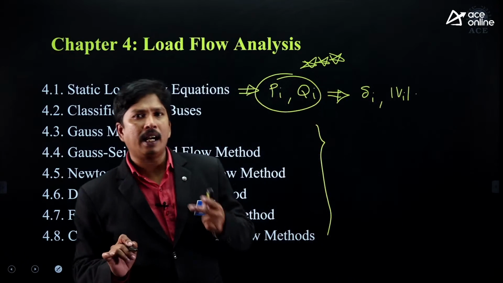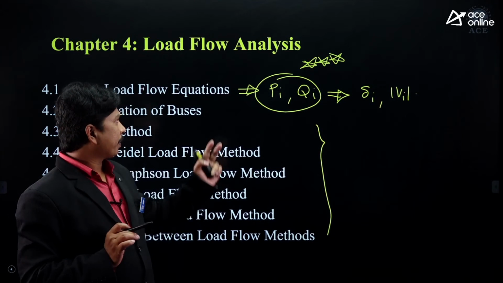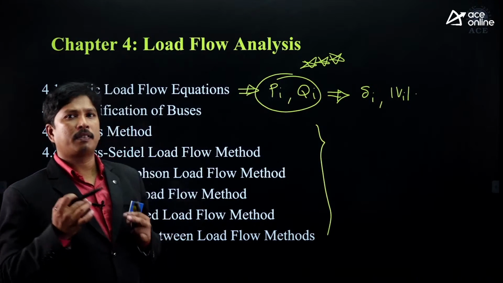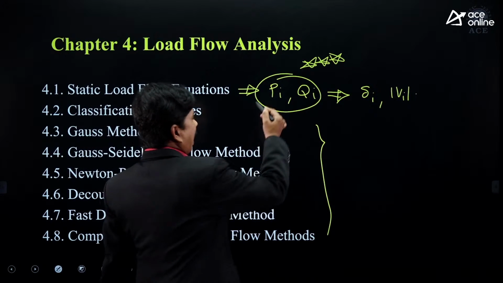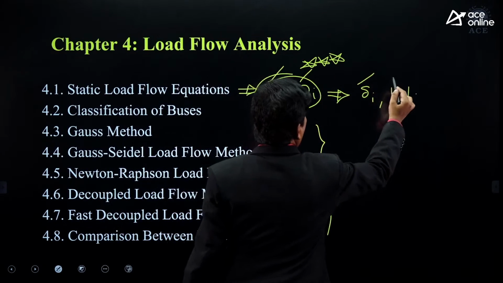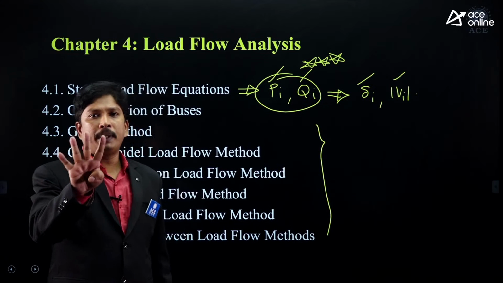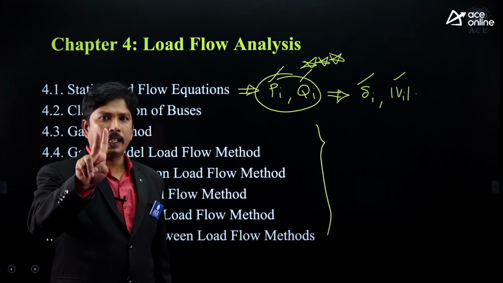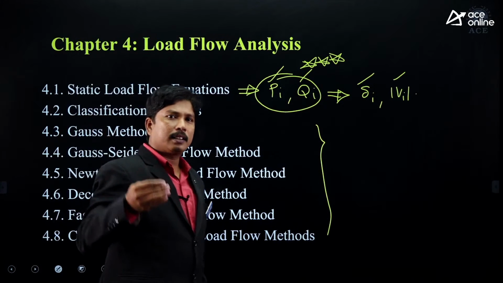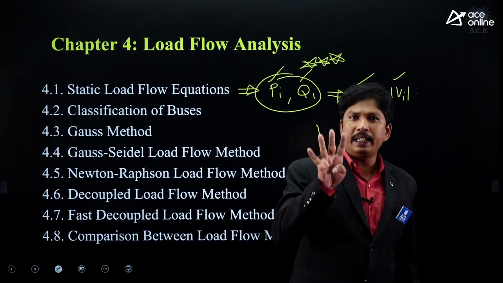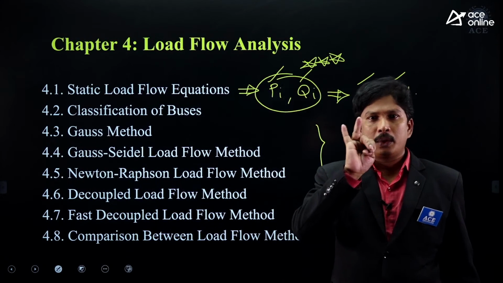So we have delta and magnitude of voltage as the variables at every bus, and P and Q are the functions of delta and voltage. So finally we have P, Q, delta and mod V as four variables. To analyze the load flow analysis in these four variables, we take 2 as known and 2 as unknown.